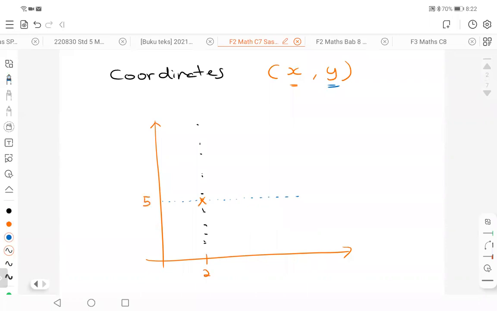Point B is 3 units away from point A. So can you type in the chat box what is the coordinate of point B?